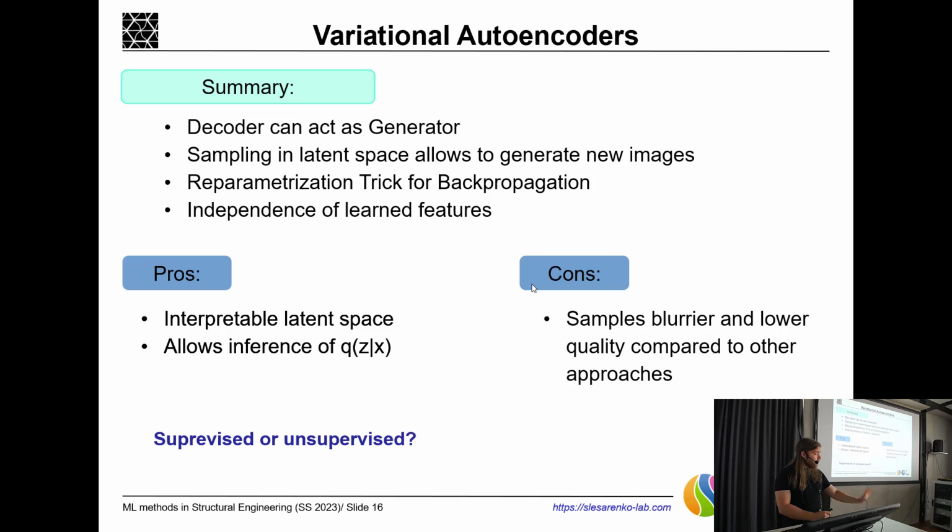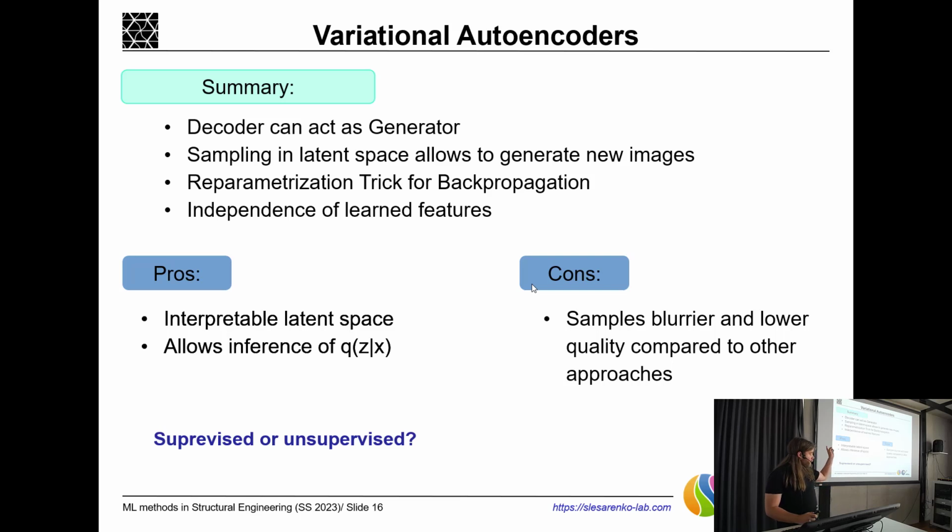And from that, we actually get these nice, meaningful, independent features. Especially the last two, with the latent space, are big pros for variational autoencoders. But there are some drawbacks in the sample quality. The samples often seem a little bit blurry, and compared to other approaches, they are of lesser quality.